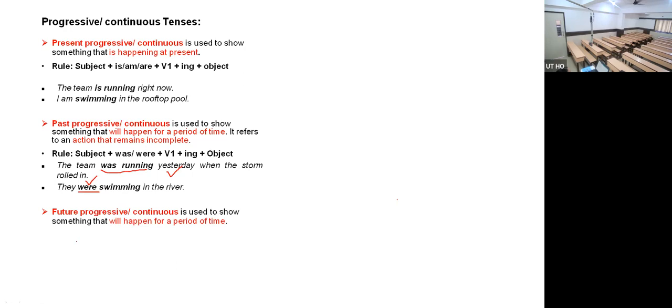Now, if we talk about the future continuous tense, something that will happen for a period of time in the future, not just happen in the future. Again, you have the ing. So all the continuous verbs will have ing coming in. The team will be running tomorrow around 8 a.m. So will be or shall be running.